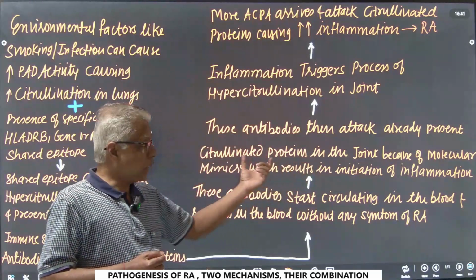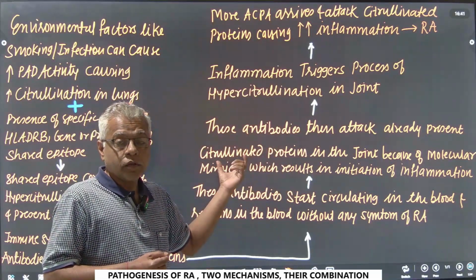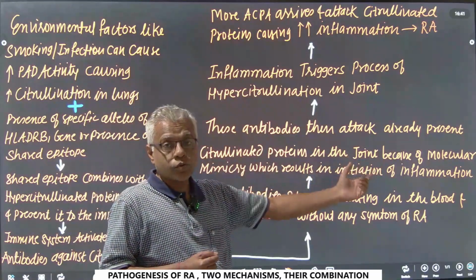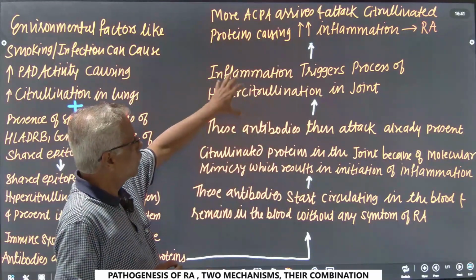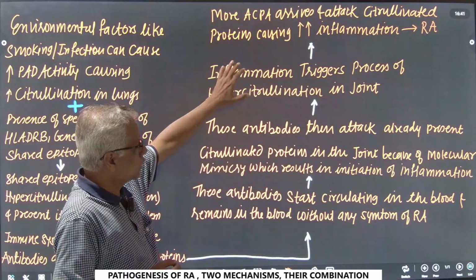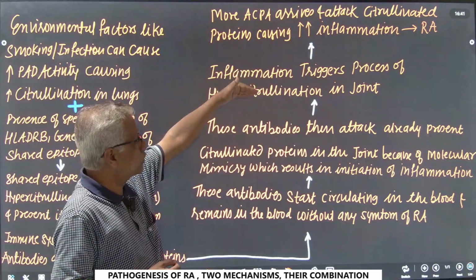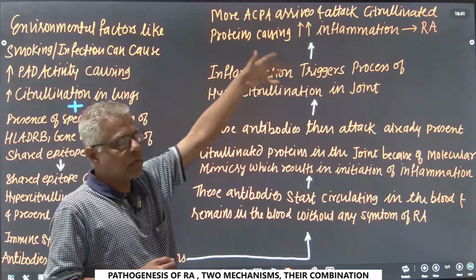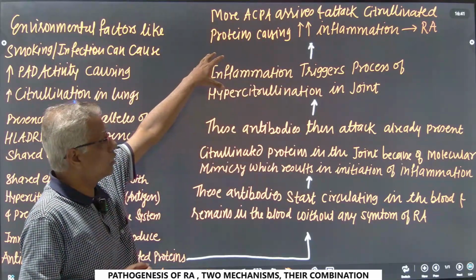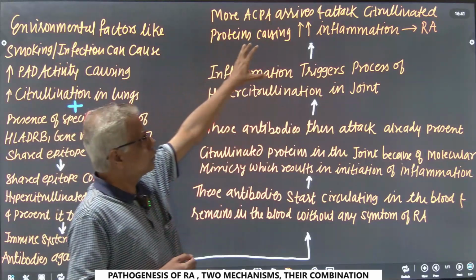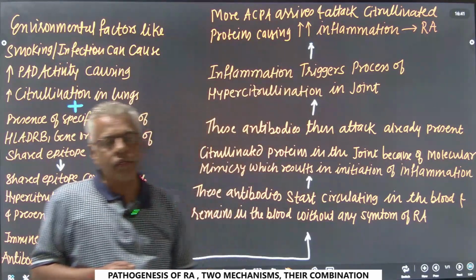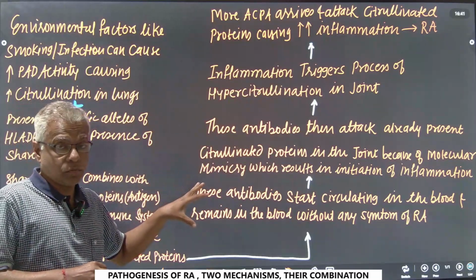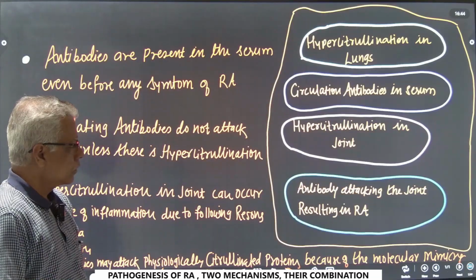These antibodies are attacking these physiologically citrullinated proteins in the joint, responsible for the inflammation here, and in the end this initial inflammation is leading to hypercitrullation, and more ACPA arriving at this site attack these hypercitrullinated proteins, and thereby we are getting this rheumatoid arthritis. Now we will try to combine both these mechanisms in the next.